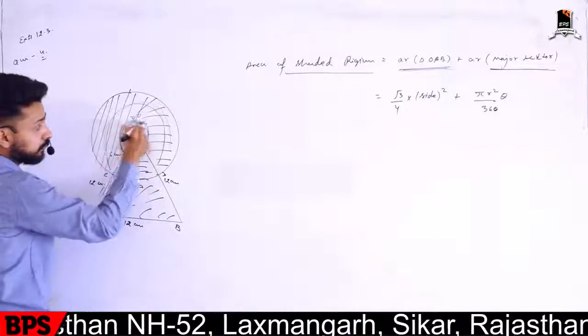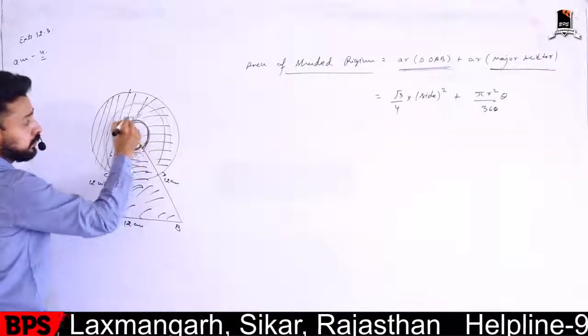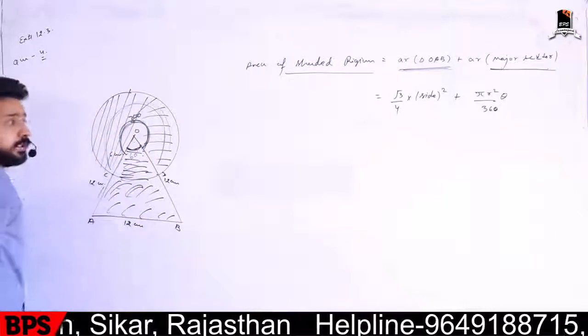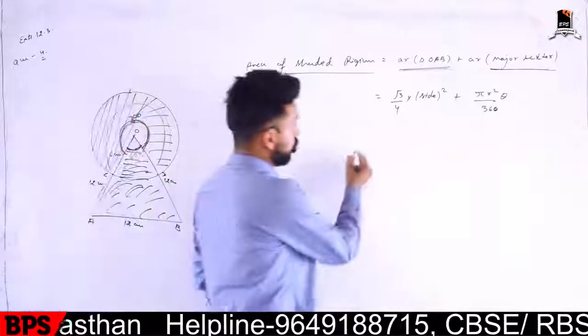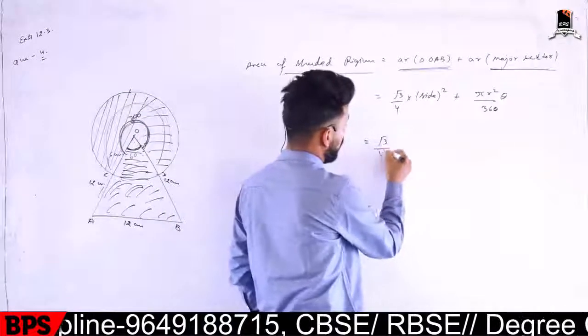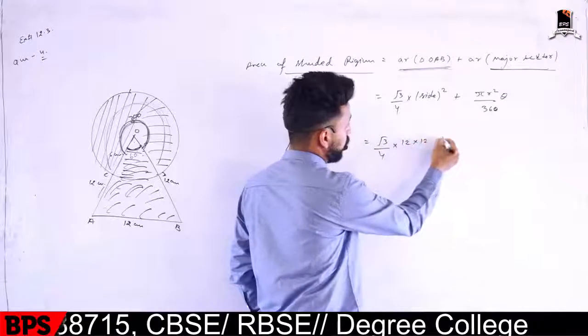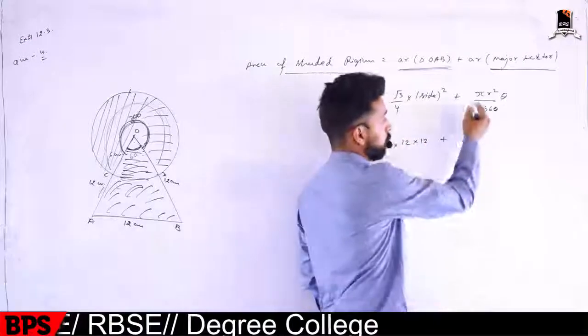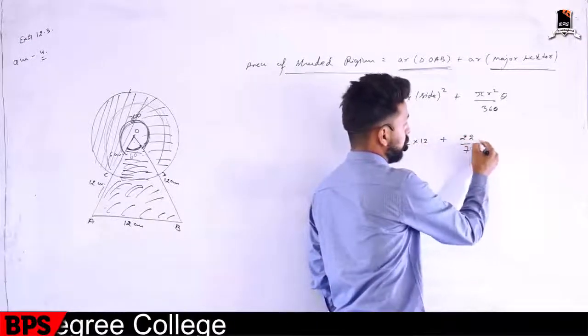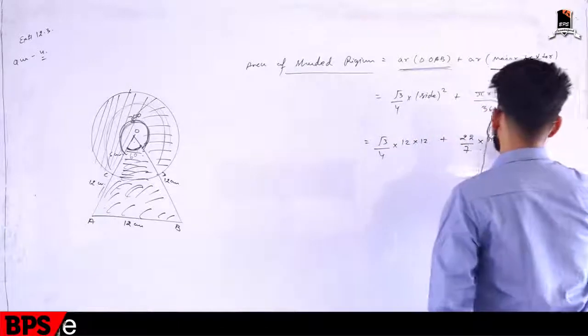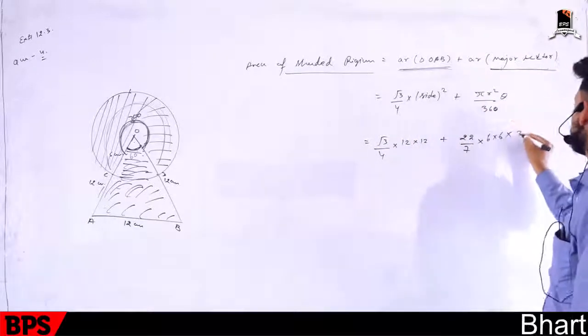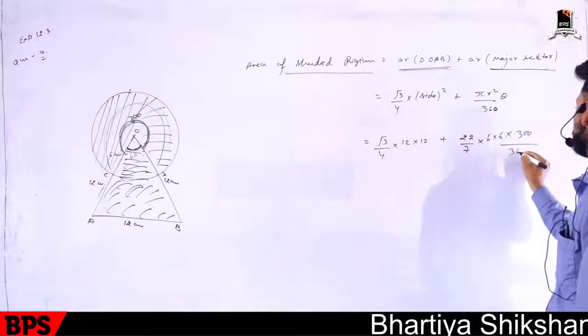The angle subtended by the major sector is 360 minus 60, that is 300 degree. So √3/4 into side square 12 into 12, plus pi, the value of pi 22/7, into radius of circle 6 into 6, and the subtended angle theta is 300 upon 360 degree.